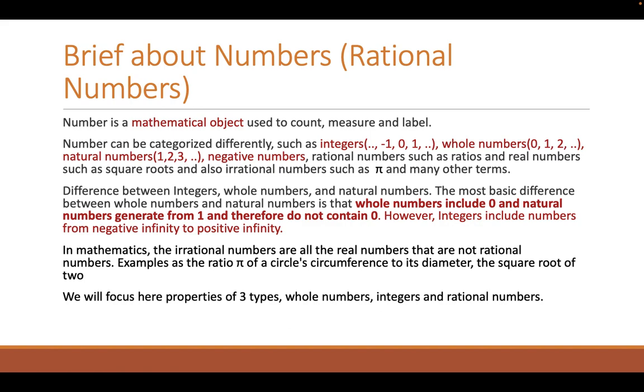So those three types are whole numbers that we already discussed, integers we already discussed, and then rational numbers, but we will discuss the differences in detail.